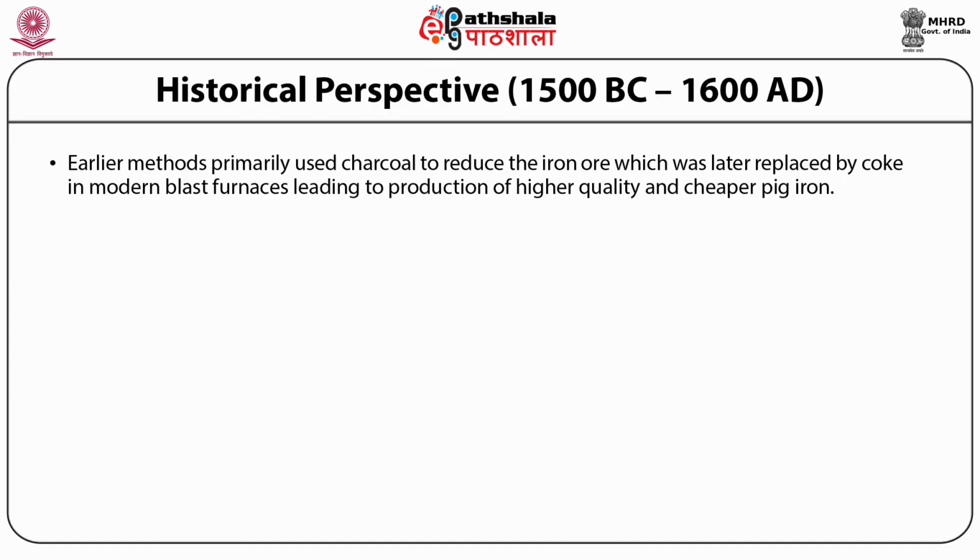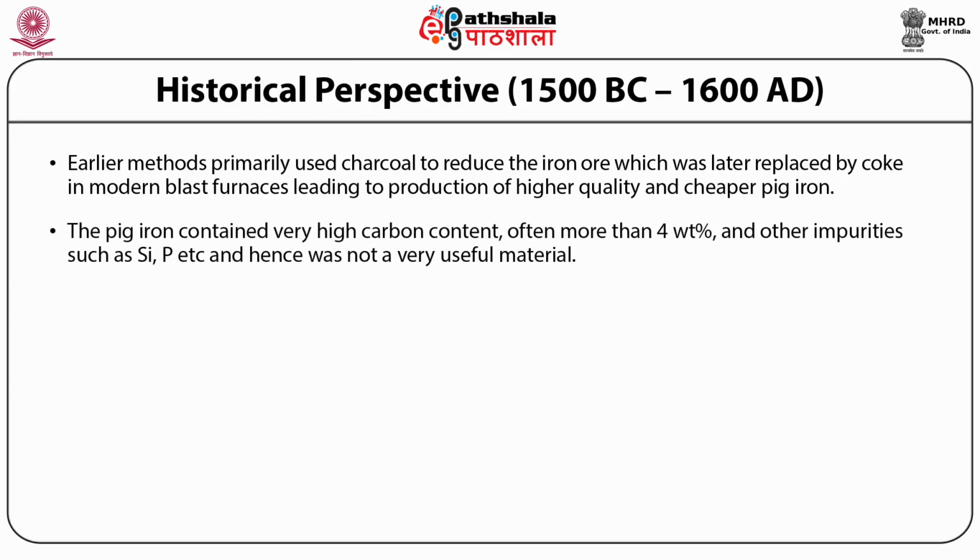This led to the production of higher quality and cheaper pig iron. The pig iron contained very high carbon content, often more than 4 weight percentage, and other impurities such as silicon, phosphorus, etc., and hence was not a very useful material.